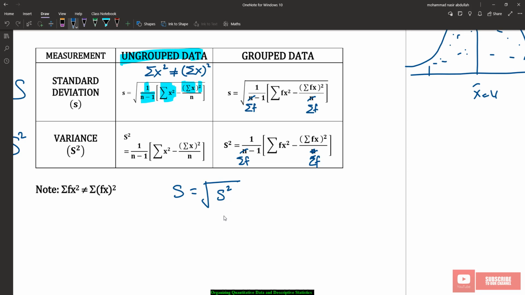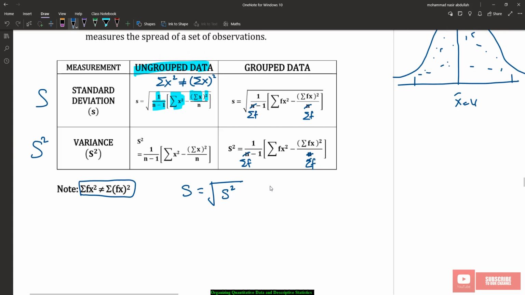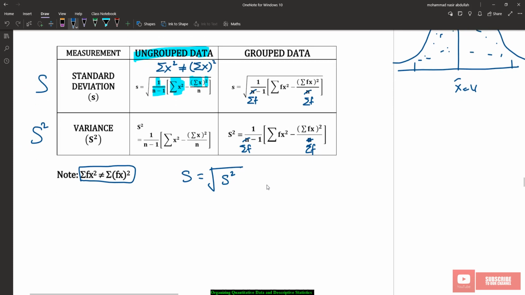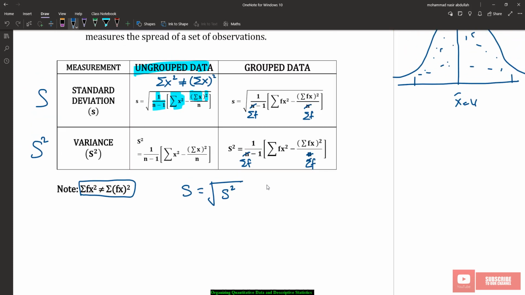So you need to change this formula. If you can see the note here, summation of fx squared is not equal to summation of fx and then squared. It's a totally different value, right? I just want to introduce you to the formula. Now, later we will see how to calculate the value of variance, mean and standard deviation.